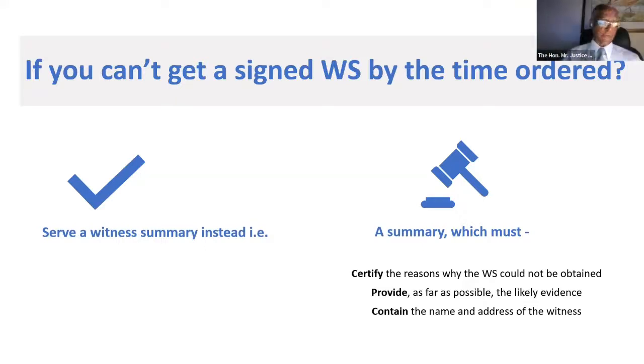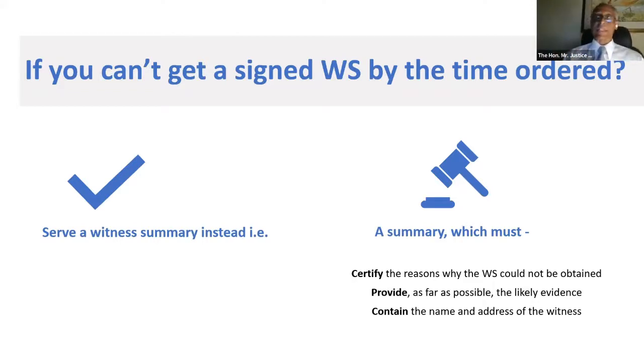What's a witness summary? A witness summary is a succinct summary of what the witness was going to say, the likely evidence that the witness would be giving at trial. The lawyer prepares that himself, in the lawyer's own words, and you simply file that almost as a holding situation, because the rules permit it.